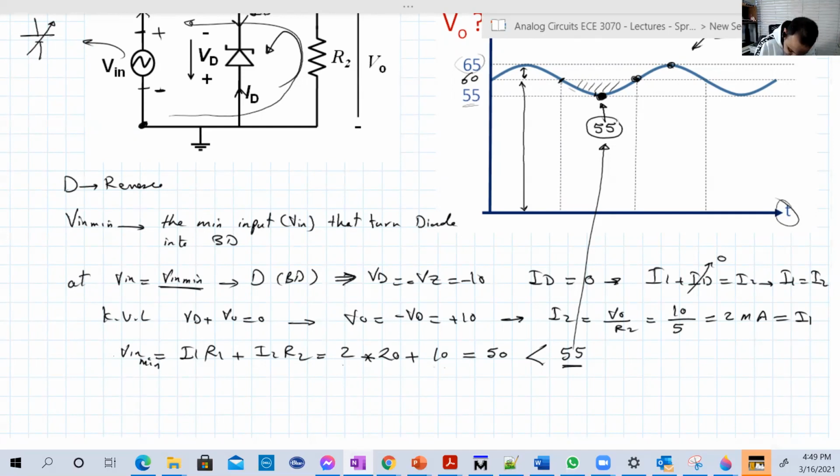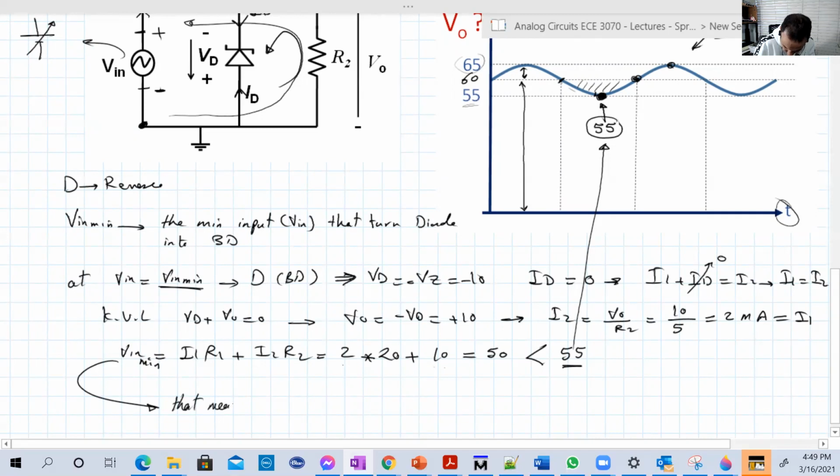Since it's in breakdown all the time, VD will all the time be equal to minus 10.